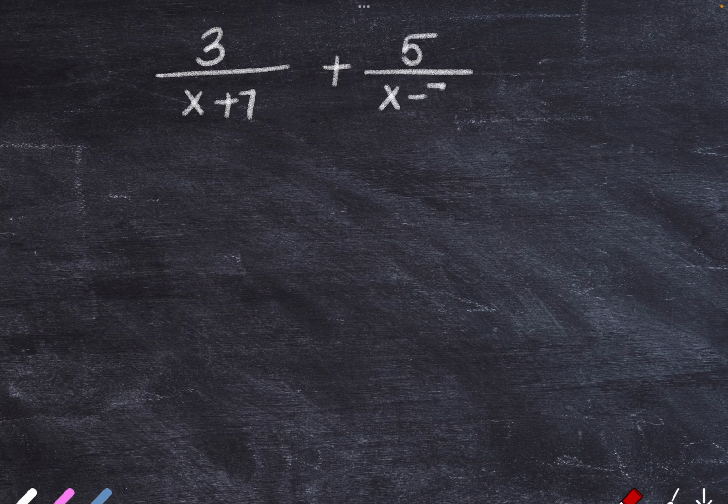So let's write down the question again, and the question was 3 over x plus 7 plus 5 over x minus 7. Now here we can see that the denominators are different from each other, and we cannot move on to the next step until they have a common denominator.